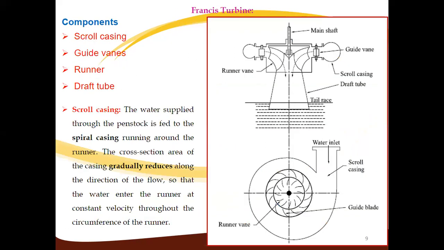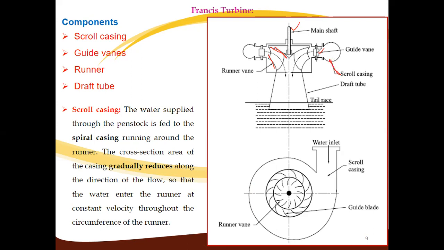So this is the example diagram for a Francis turbine. We have a shaft, then these are the guide vanes, then these are the runner vanes, which are forward type. This is the scroll casing, and this is the draft tube.